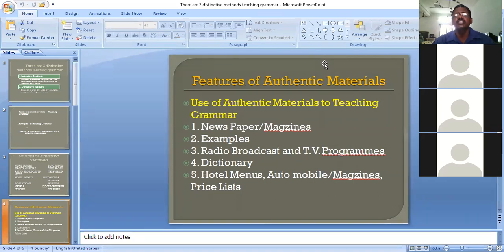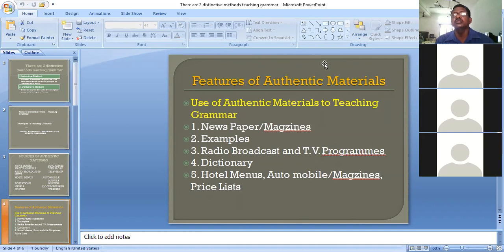What they can't understand in the newspaper, we should give them work to underline. We should assign some assignments: underline some of the sentences which we cannot understand in the newspaper. And see examples.